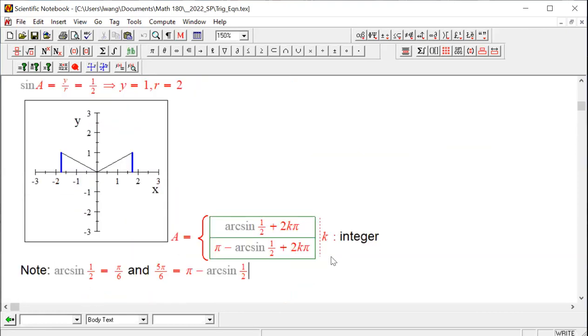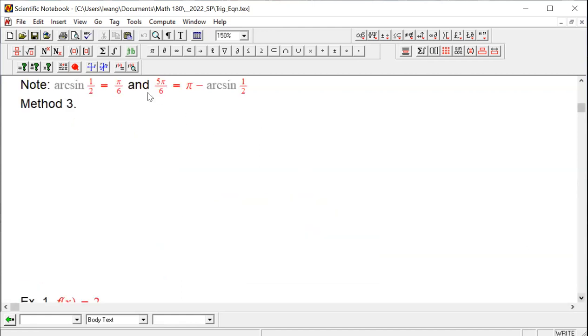The third method, method number 3, is the function method. We talked about it in the previous lesson. And how does that work?